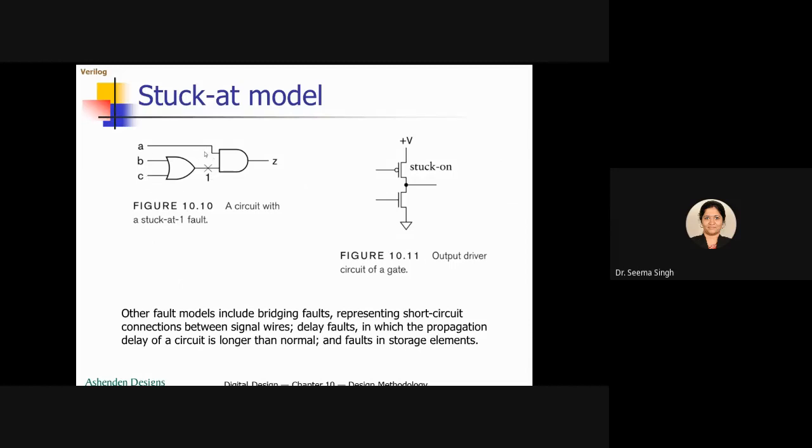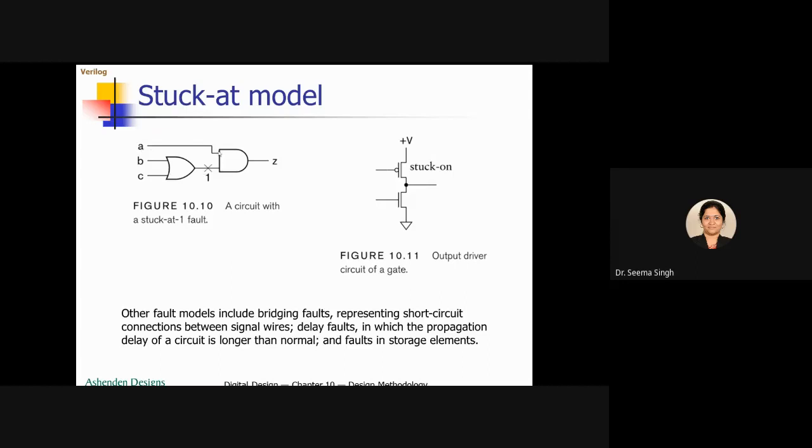It is difficult for the designer to detect the fault unless you have a specific test pattern which is able to detect it. For example, if it is stuck at 1 and your input is 1 1 1, it will not detect it. If it is 1 0 0, then also it will not detect it. It will detect the fault only if your A becomes 0.